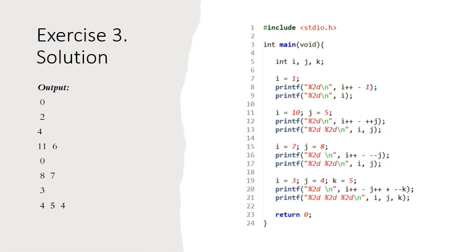So we have 10 minus plus plus J, which is 6. So 10 minus 6 will be 4. That's why we have the 4 here on the third line in the output.